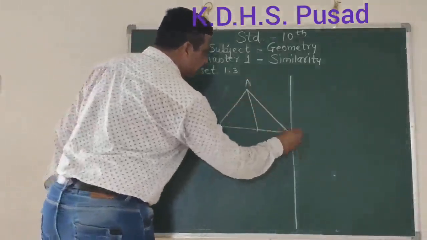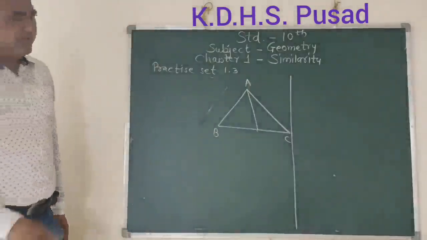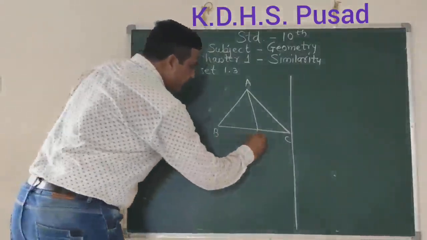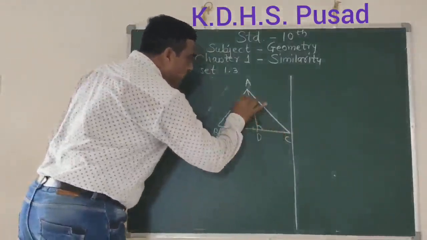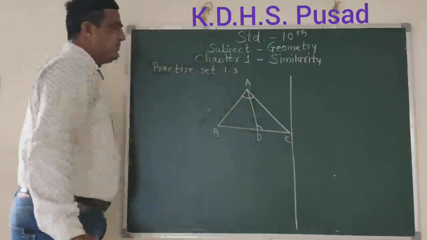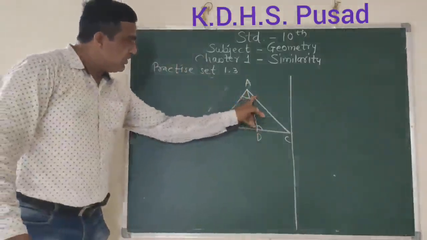Triangle BAC, and you are given that there is a point D on side BC such that angle ABC is congruent to angle BAC.